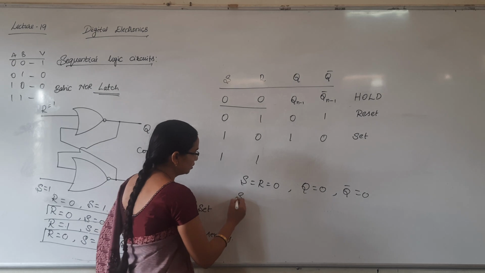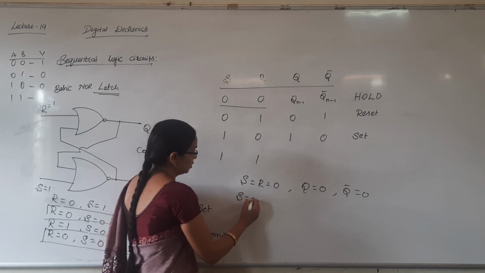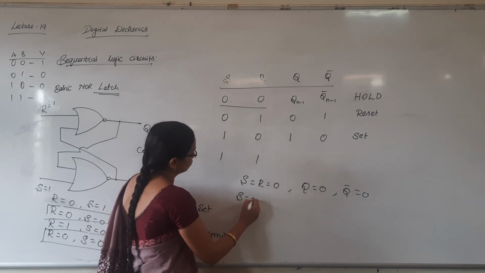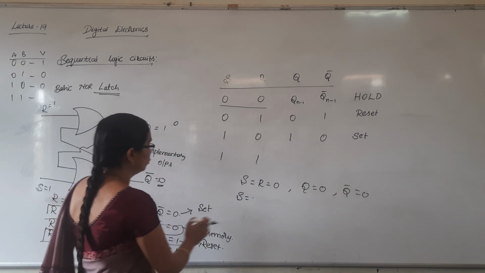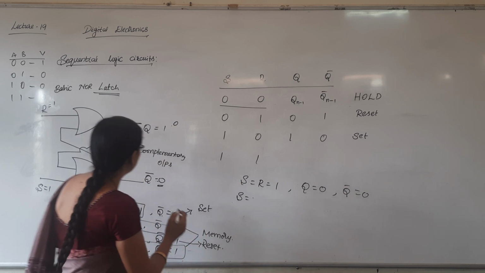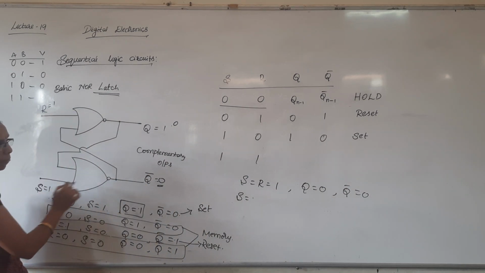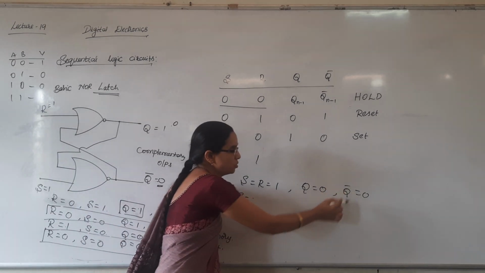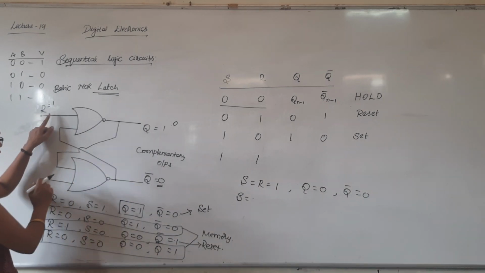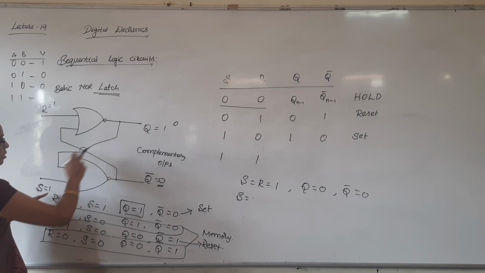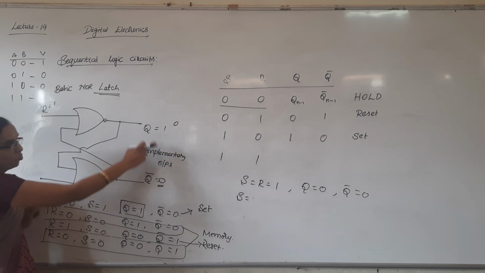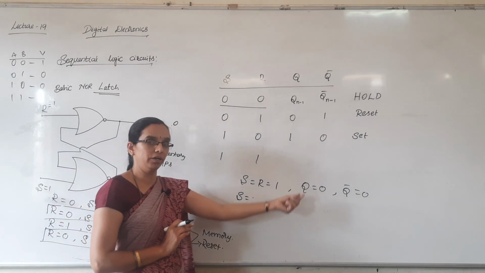When I tried both 1 1, I got both 0 0. When R is equal to 1, 1 and 0 it was 0, when 0 and 1 again it is 0, both are trying to be 0.